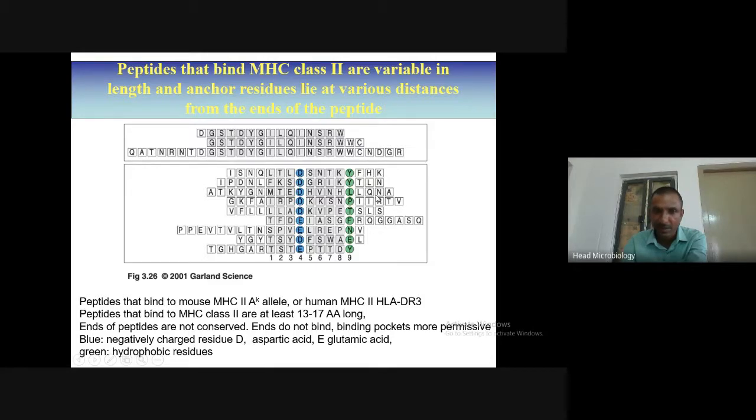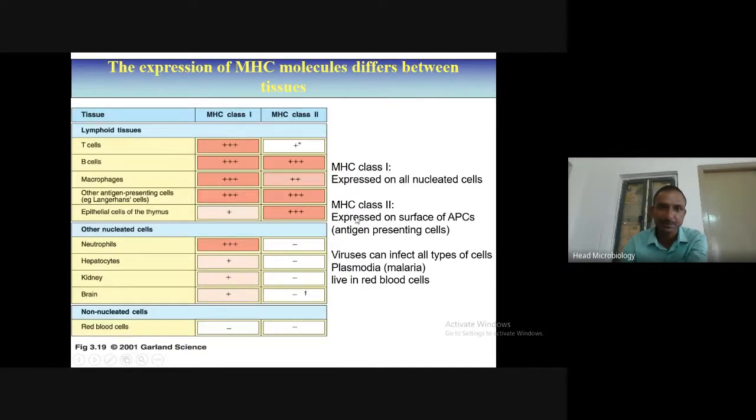At the end of the peptides, the conserved amino acid sequences are the hydrophobic residues. Here it is the end, also called the ninth position, which is the hydrophobic end. Here at the hydrophobic end there are no similarities in any sequences, and the expression of MHC molecules differs between various tissues.